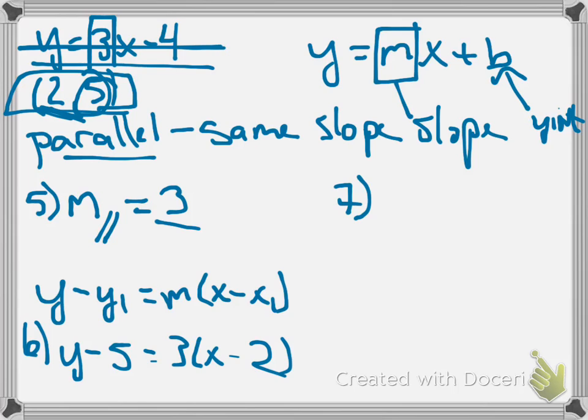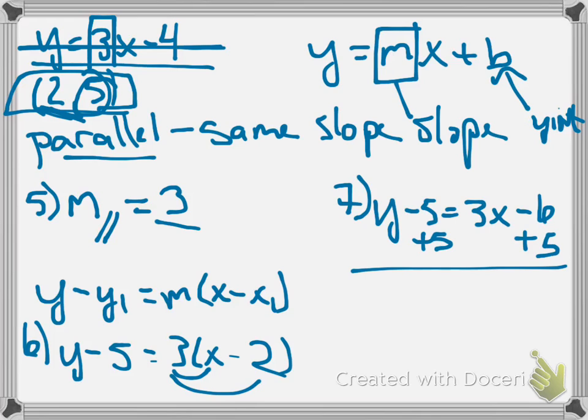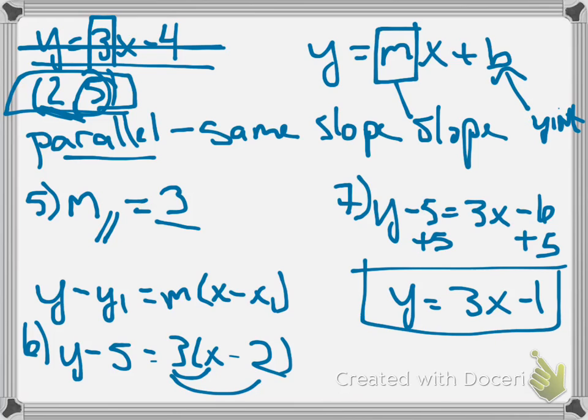And then if you solve that, distribute, you'd have y minus 5 is equal to 3x minus 6, because 3 times 2 is 6. Add 5, you would have y is equal to 3x minus 1.